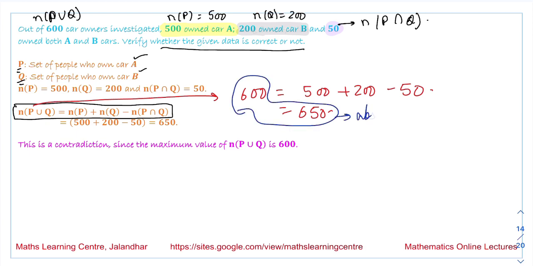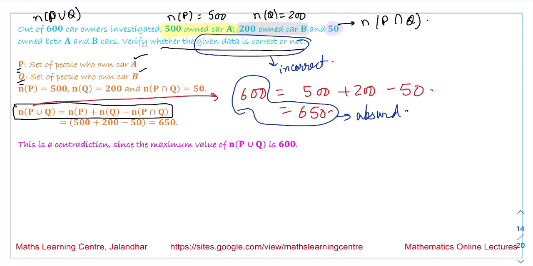This is absurd. This cannot happen. So the data that is given to us is incorrect. This data is not correct.